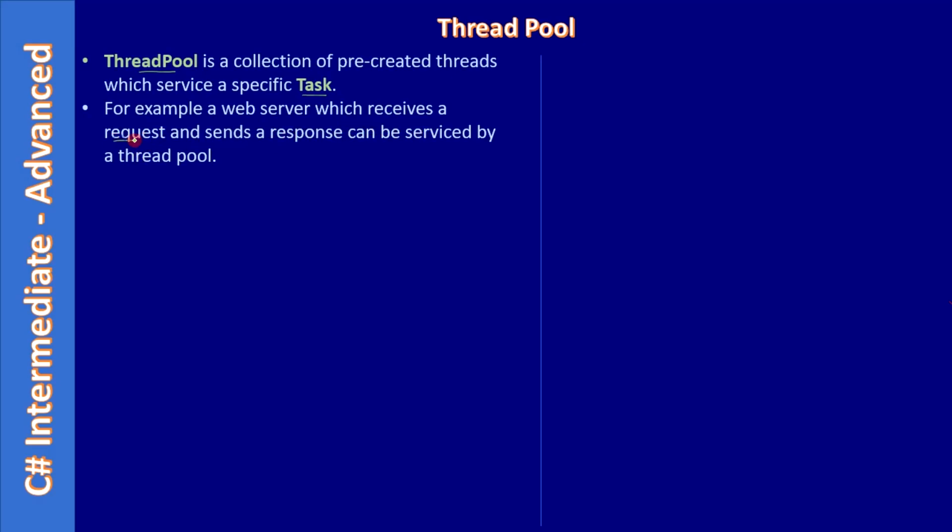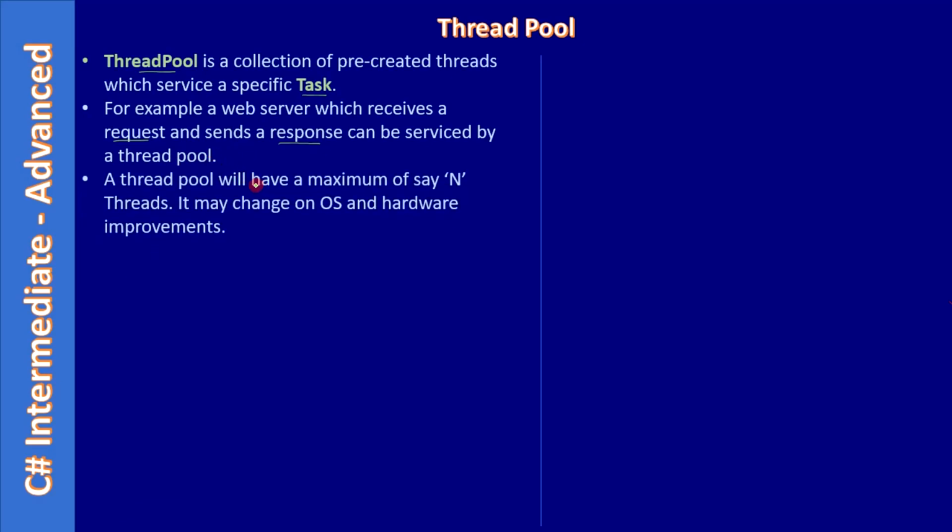So here you can see receiving a request as well as sending a response together can be seen as a task, and that task can be serviced by a ThreadPool. ThreadPool means the ThreadPool will take care of assigning this task to a thread which it is managing.